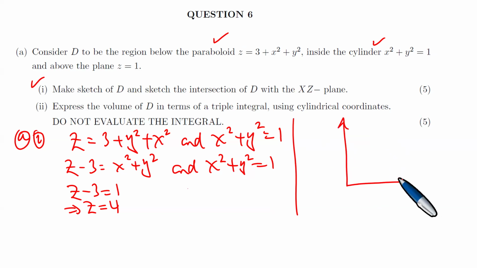Right, so you have the following sketch: z, y, and x. Then there is a drum.